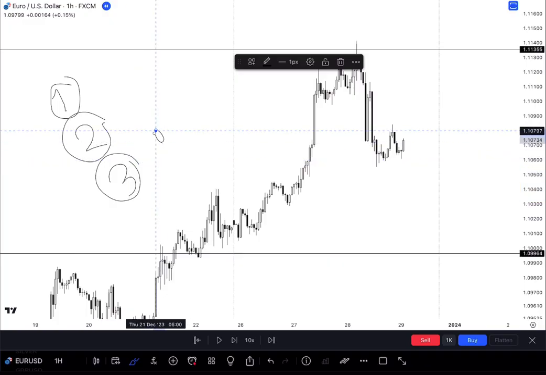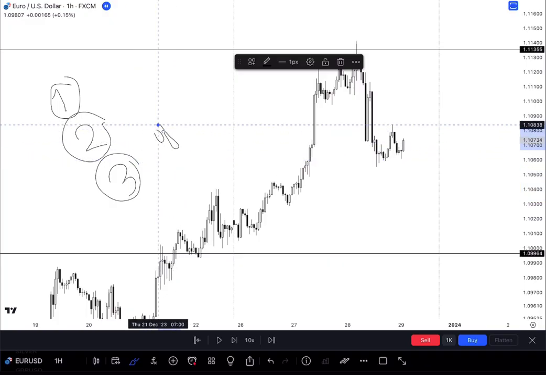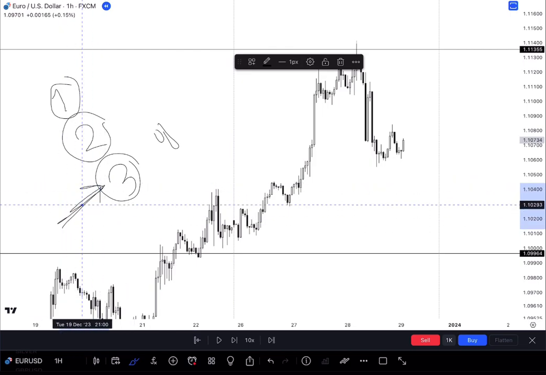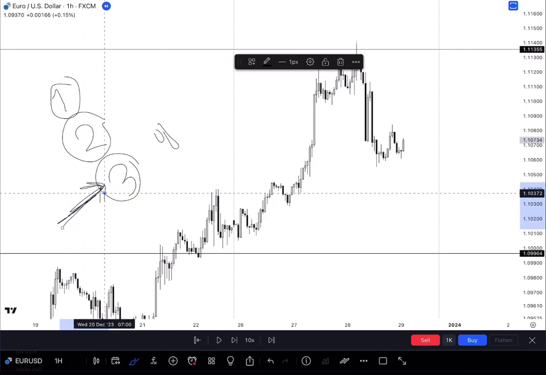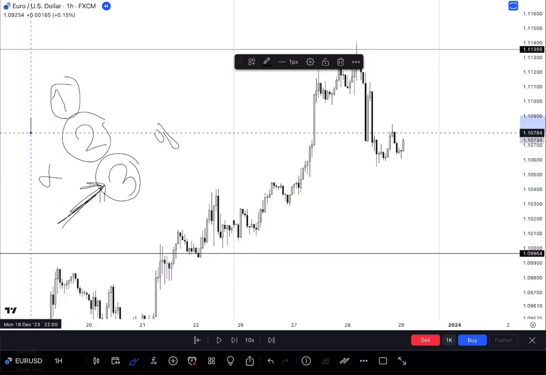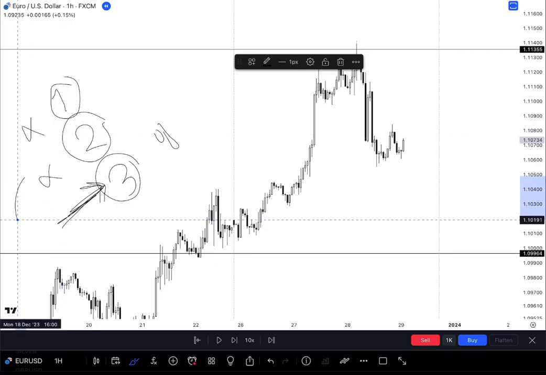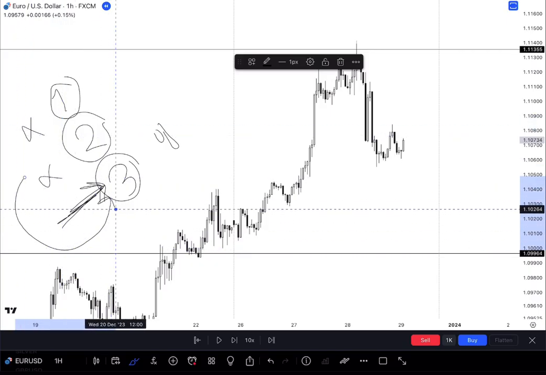The displacement, which confirms your idea. That's all it is. A mistake everyone makes is putting the priority on this. They're all looking for an FVG, an OB, a breaker, but they forget 2 and 1, which are the key for 3 to succeed.